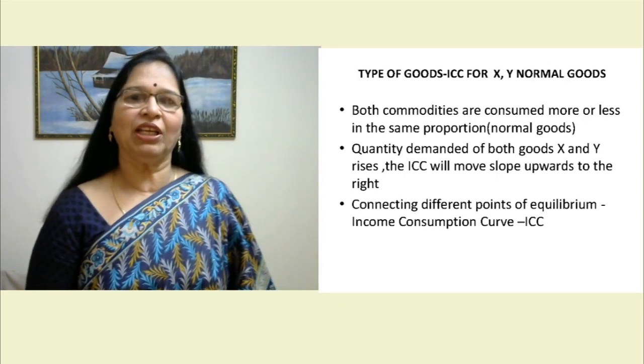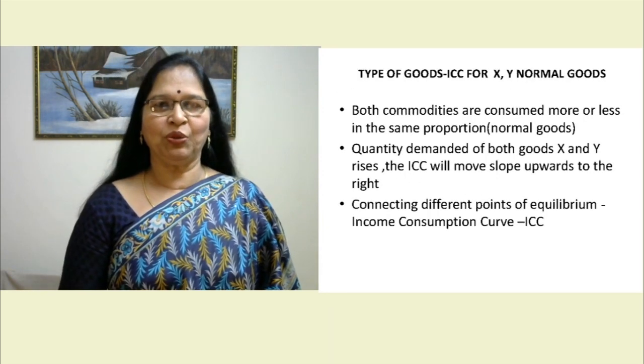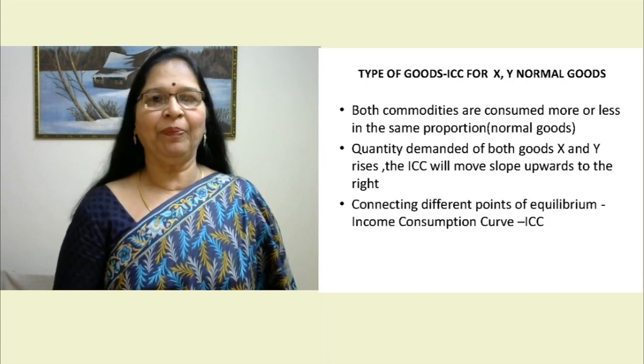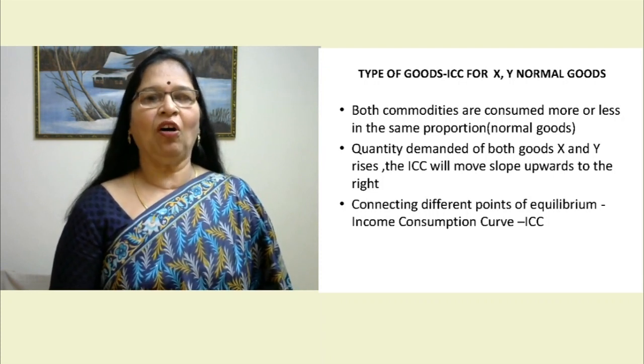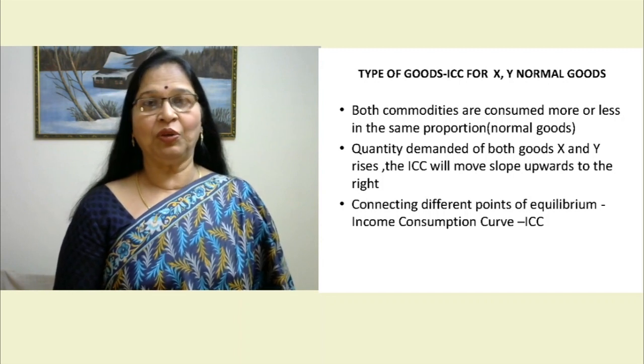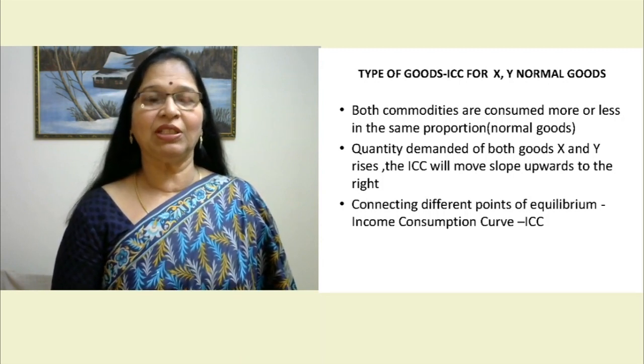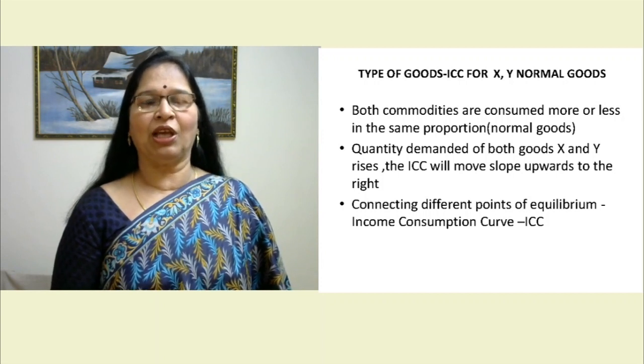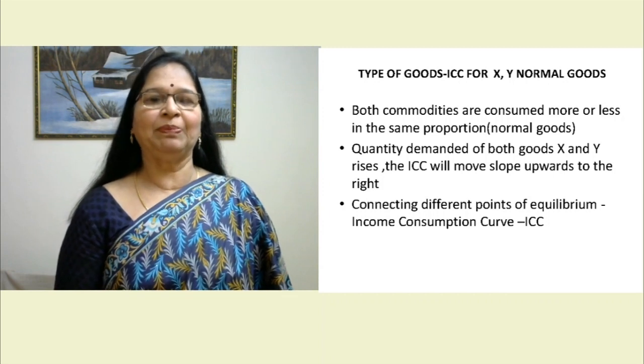Now, when we are talking about the budget line moving to the right, we will introduce two ideas here. In terms of inferior goods, how will the consumer respond? And in terms of both being normal goods, how will the consumer respond to an increase in income?